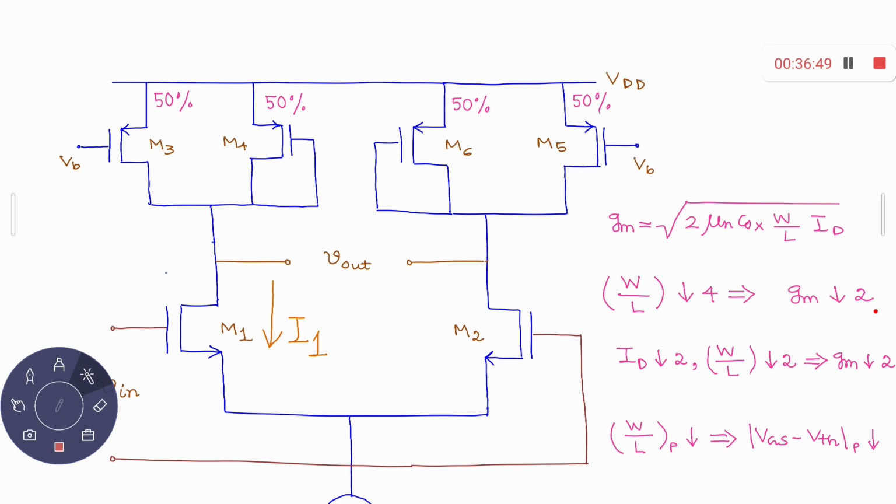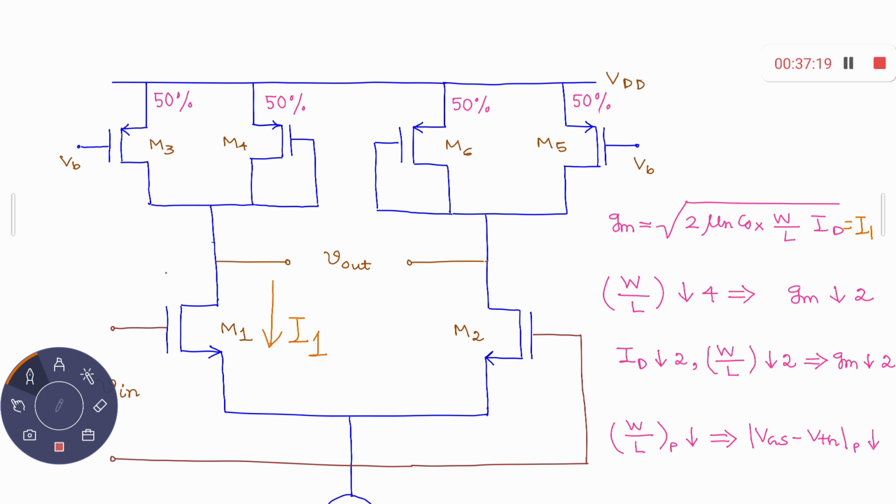Now what we are doing here, if I have 50% current flowing through this, this was the scenario for the previous case. That means we have the same current, so this ID is basically I1. At that time you don't have any current source in parallel with this diode-connected device.